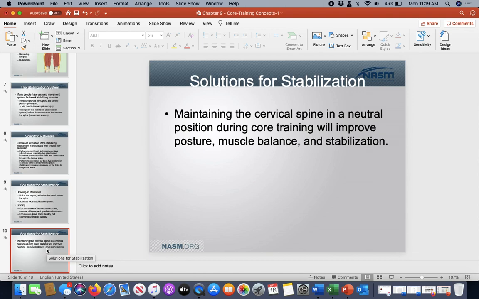Therefore the cervical spine, upper spine, and neck region are going to be compromised because you're pulling on the back of the head, which is causing tension in that cervical region. By keeping yourself in that neutral position during core training, you're going to have better posture, better balance of all the musculature of that region, and the stabilization that can occur at that time.